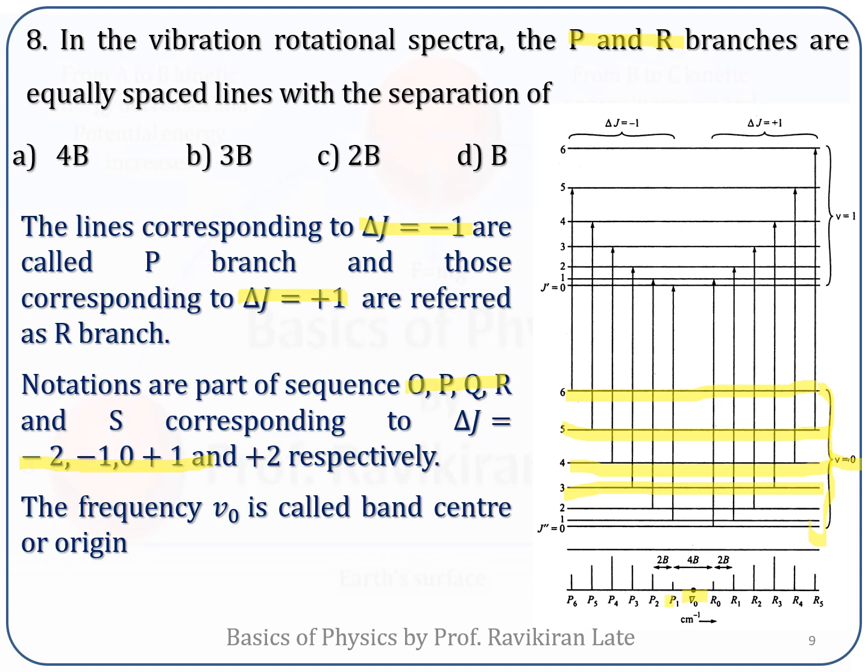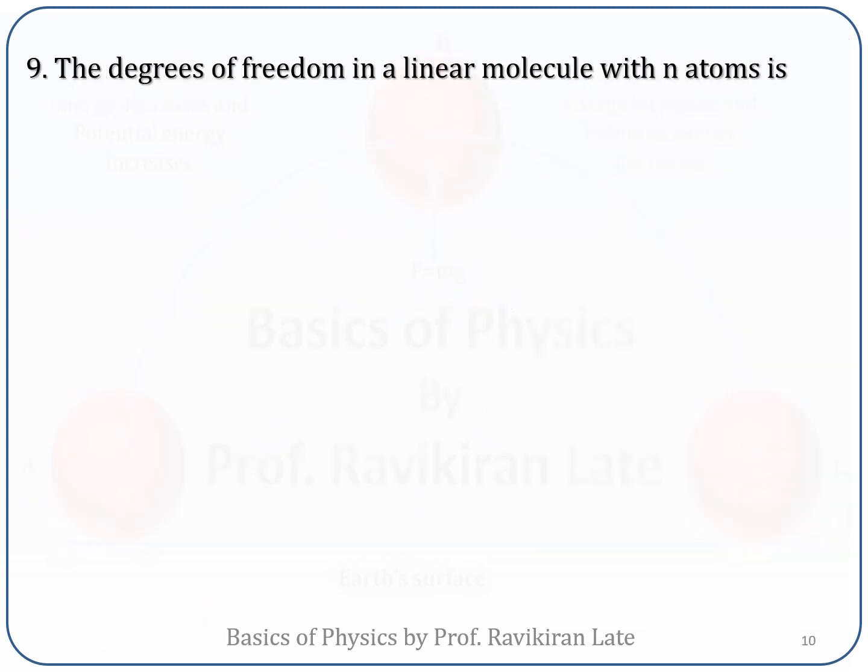So it is the first P branch and that is the first R branch. If you consider the difference between the energy, it is given by 4B. So the answer for this question is option number A. It is the correct answer for this question. In the vibrational rotational spectra, P and R branches are equally spaced with line separation of 4B.